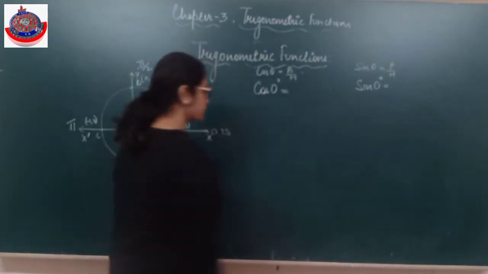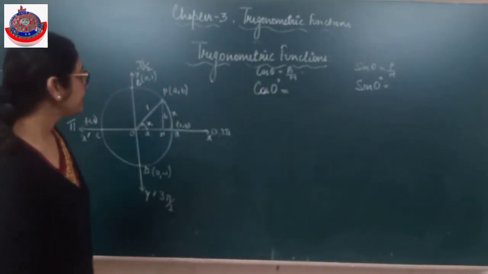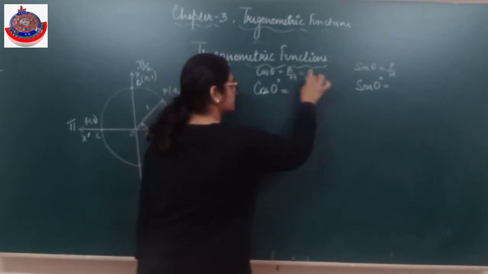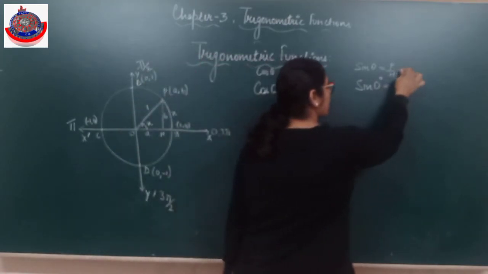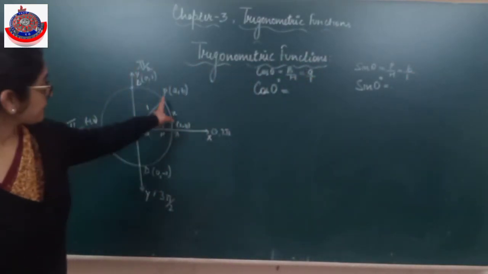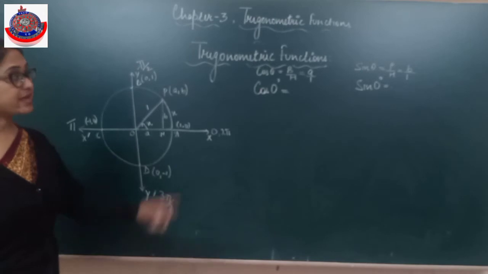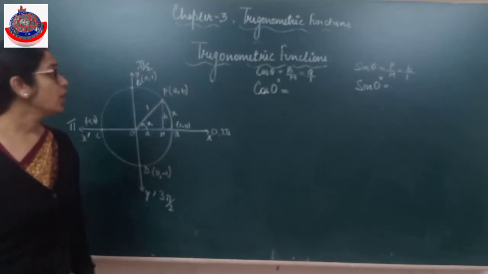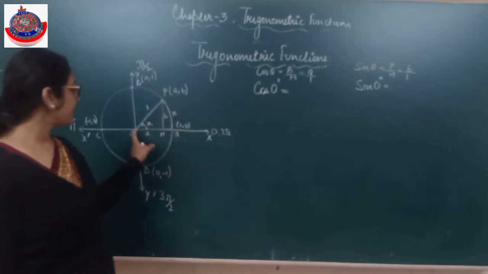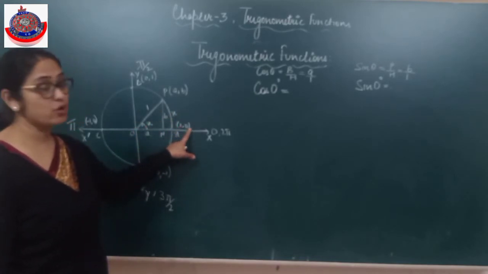Cos theta is B upon H. A means the x value and B means the y value, and H is 1 because we have taken the radius as 1 unit. We derive all these things from the circle with radius 1 unit. Is this clear?